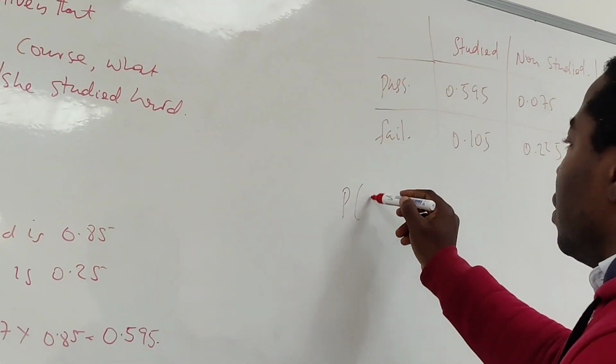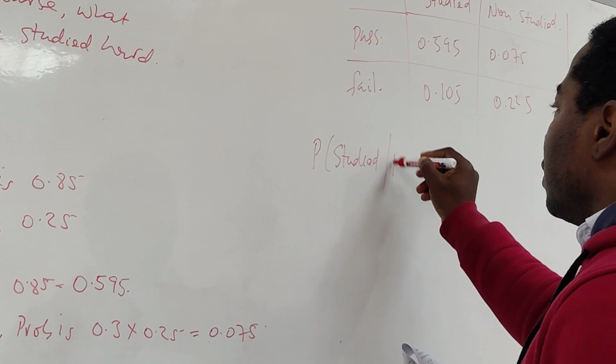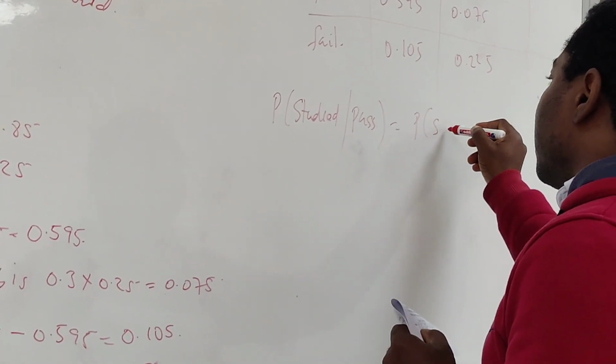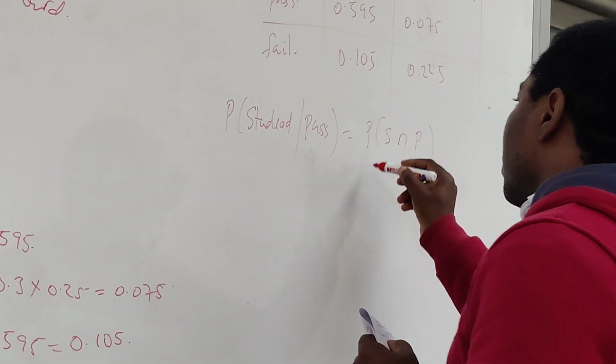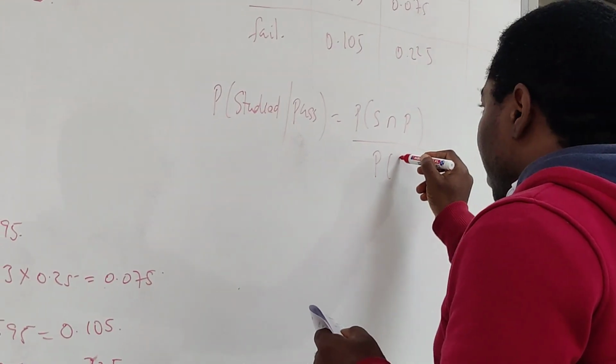Probability of study, given that the student passed, is equal to probability of S intersection P over probability of P. Am I right?